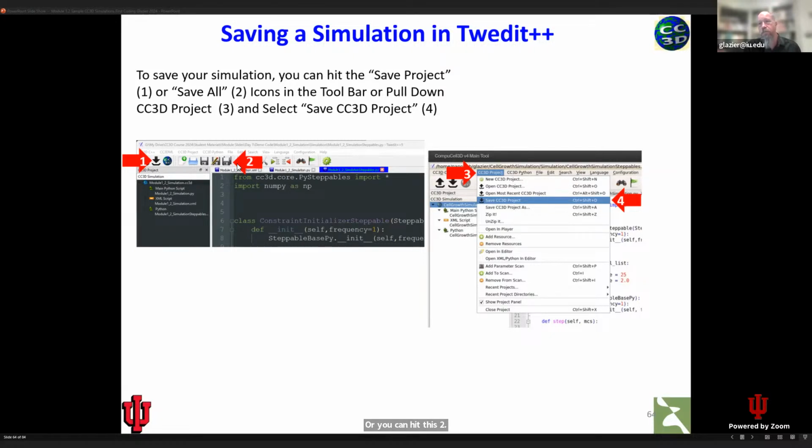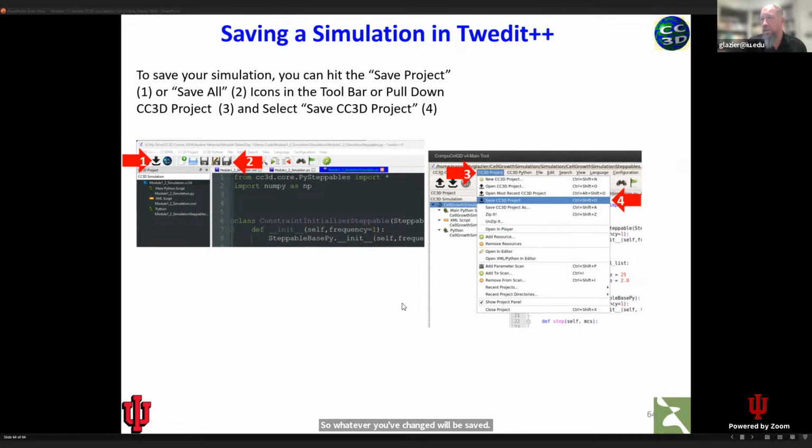I always recommend using that double one, saving everything. Some of those save options will only save certain components of the simulation, but the double floppy disk icon will save everything. So whatever you've changed will be saved.